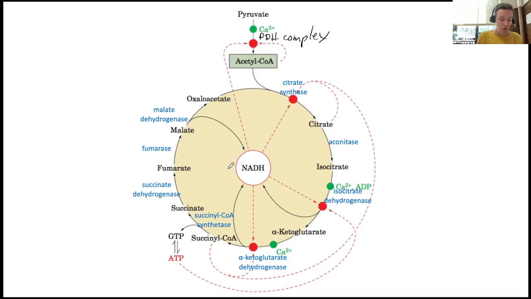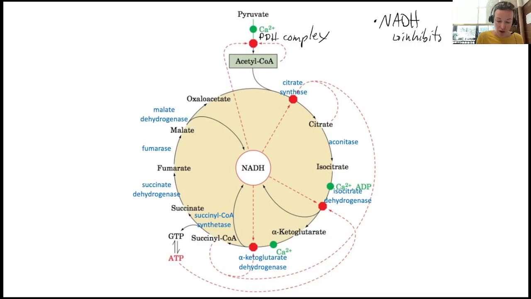A main regulator of the TCA is right here in the middle, NADH. What do we see NADH is doing? Well, anytime you see this dotted line with a stop sign, this means it is inhibiting. So NADH is inhibiting the PDH complex, it's inhibiting citrate synthase, it's inhibiting isocitrate dehydrogenase, and it's inhibiting alpha-ketoglutarate dehydrogenase.